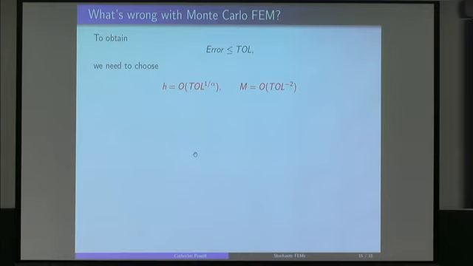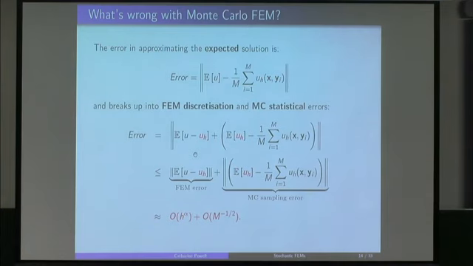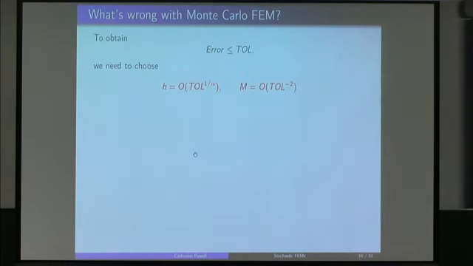We want to make sure that when we do computer predictions, the error that we make in our predictions is guaranteed to be below some error tolerance: 10 to the minus 3, 10 to the minus 6, whatever it is that you want to impose. As the user, you supply this, and then our job, as we see it, is to give you a scheme which guarantees you this. So if we were using a Monte Carlo finite element method, how would we do that? There's two sources in our error. We'd have to make them both small enough in order to achieve overall accuracy that meets this condition.